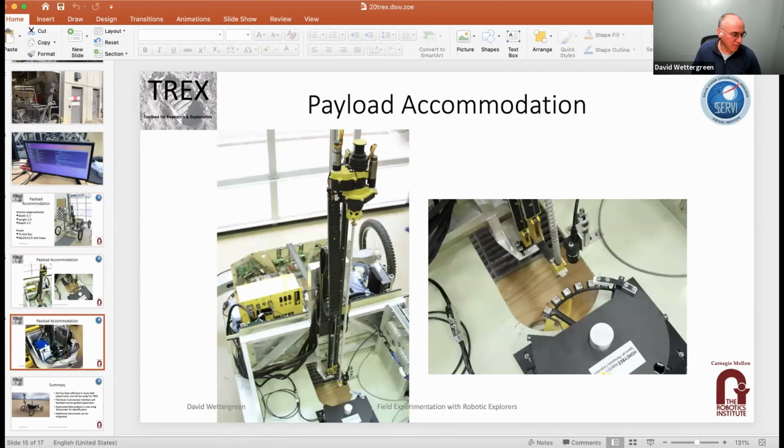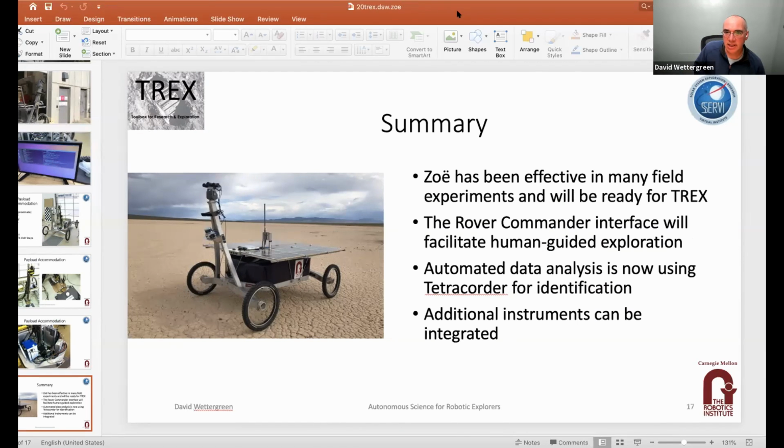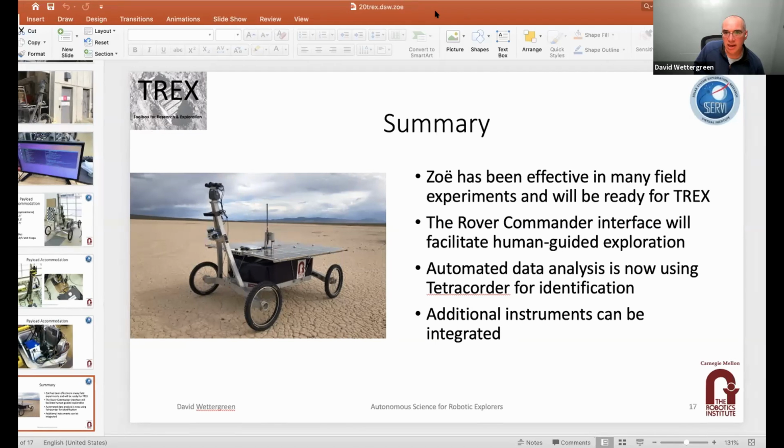With that, I'm going to stop and just remind you, we've used Zoe a lot for these field experiments. We now have this rover commander that will allow the whole TREX team to collaborate when we're out in the field. We've automated the one spectrometer with Tetracorder. We expect to add some more spectrometers to that, and as soon as we can, we'll be ready for an experiment.